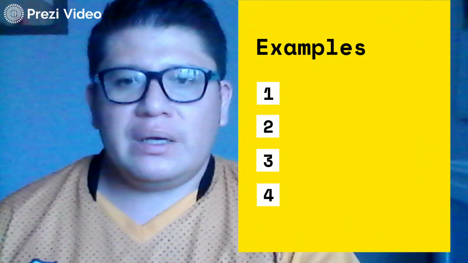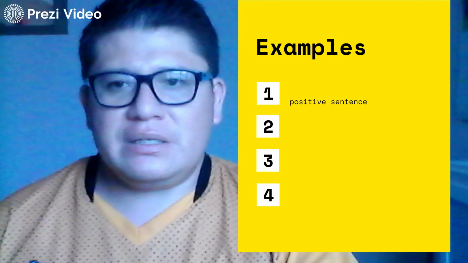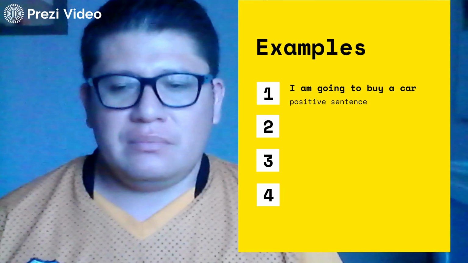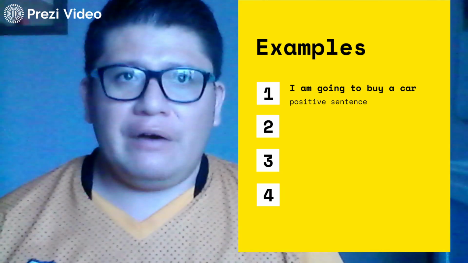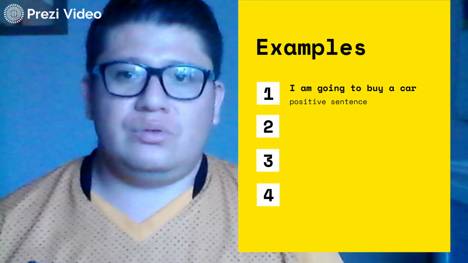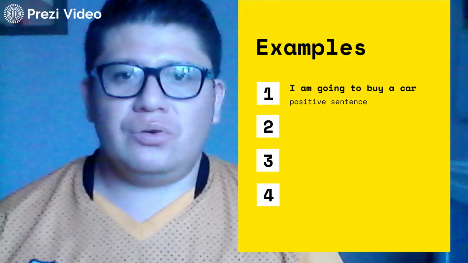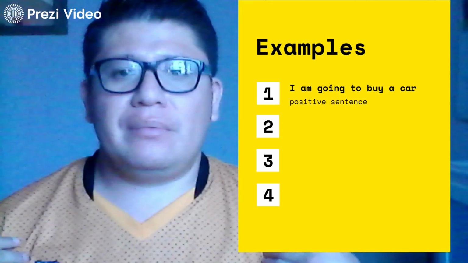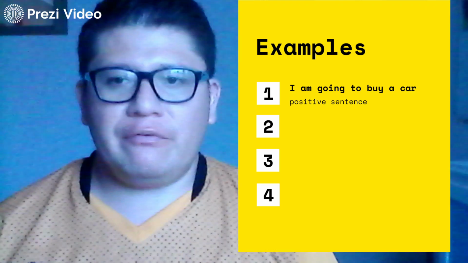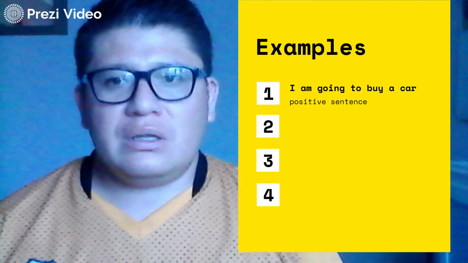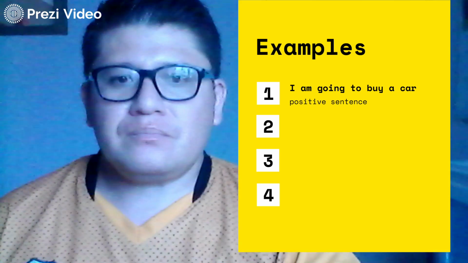Example 1, a positive sentence: I am going to buy a car. If you have enough money to buy a car because you saved money, you are going to buy a car. This is important, you are sure that you are going to do that.